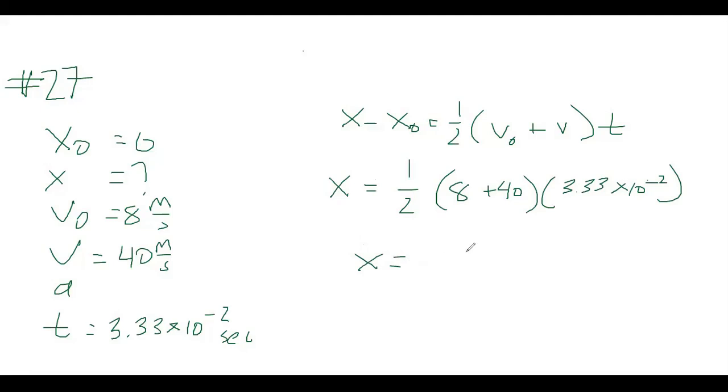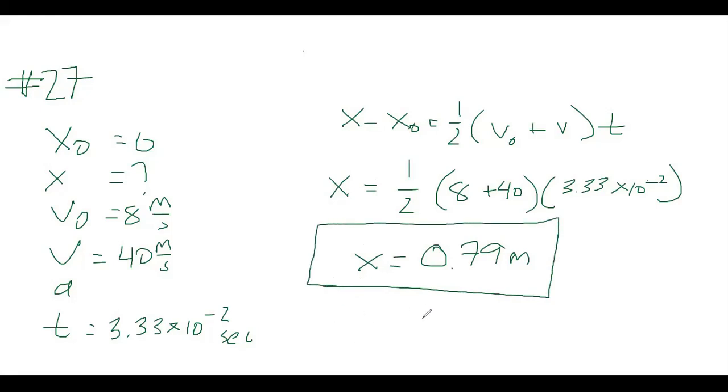X equals 0.79 meters. This is not meters per second squared, this is distance. So that's pretty much how long the puck is on the stick, almost a meter. That's what they're asking you here.